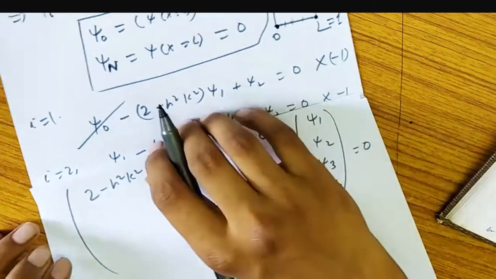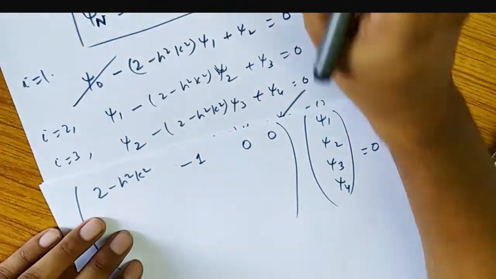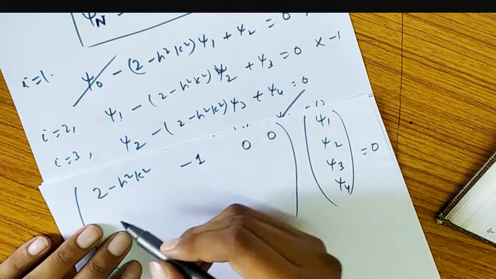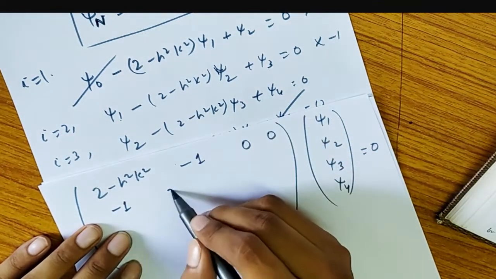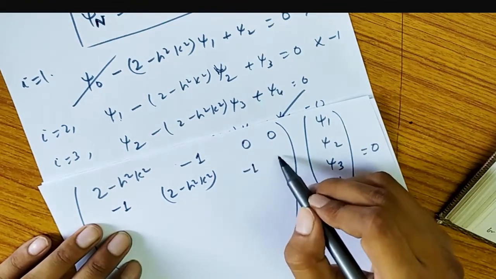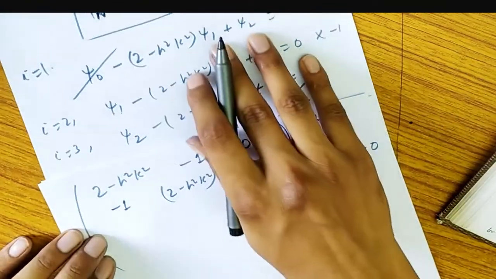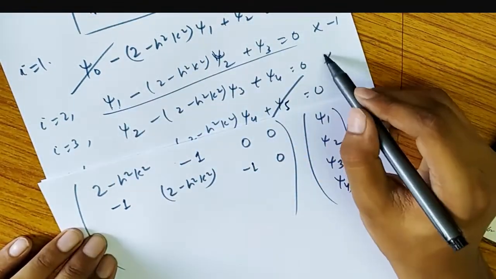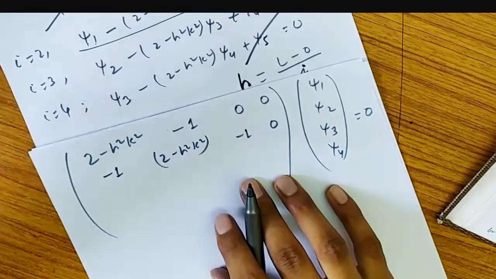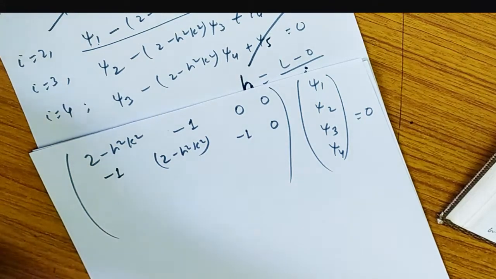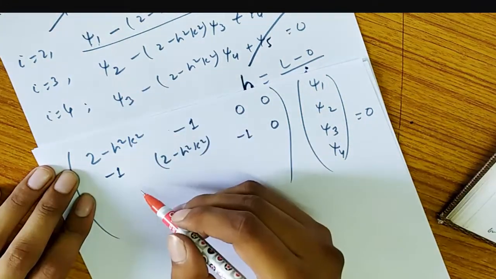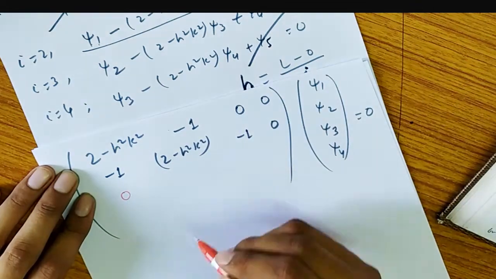In the second equation, again multiply with the minus sign. Here psi 1 multiplied with the minus sign gives coefficient negative 1, then again 2 minus h squared k squared. Psi 3 is there, therefore minus 1, then 0. Similarly for i equal to 3, I don't have any component of psi 1.